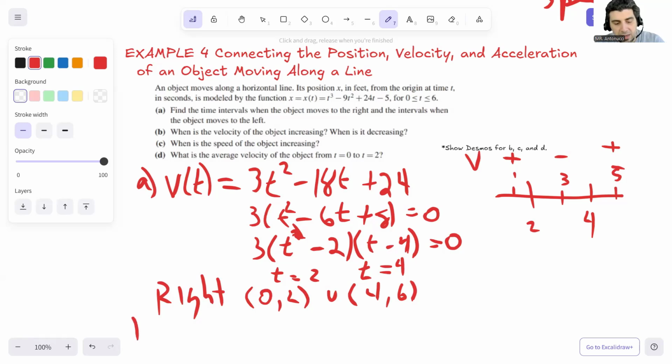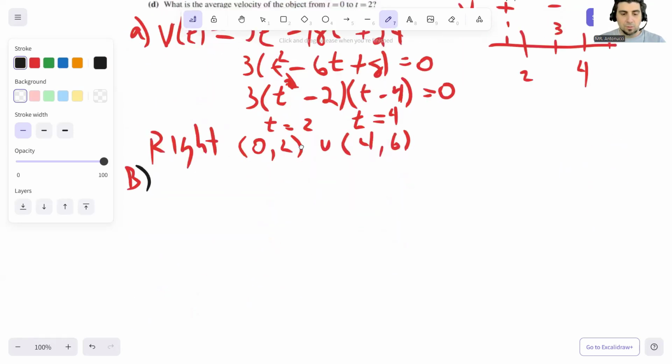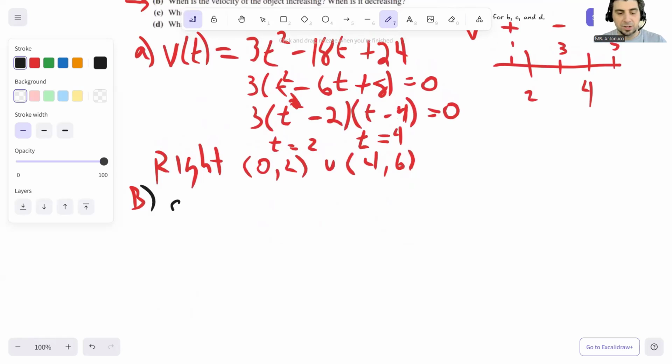So for part B, we want to know when the velocity of the object is increasing, or decreasing rather. So to investigate whether the velocity is increasing or decreasing, we need to take a peek at the acceleration. So the acceleration function is 6t minus 18.